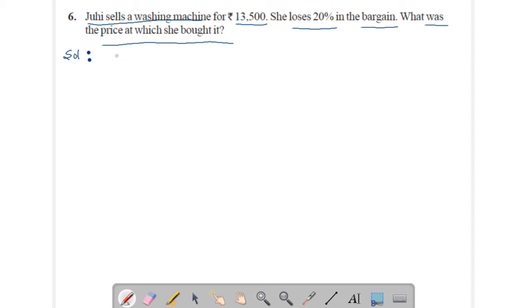Here SP of washing machine, it is rupees 13,500. Loss is equal to 20%.